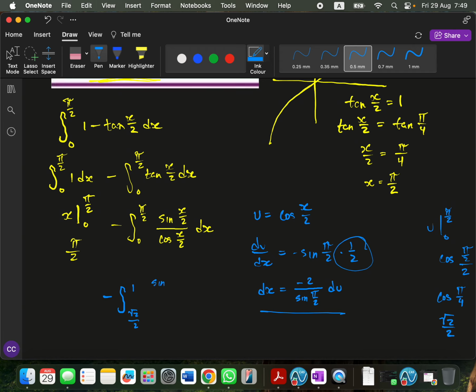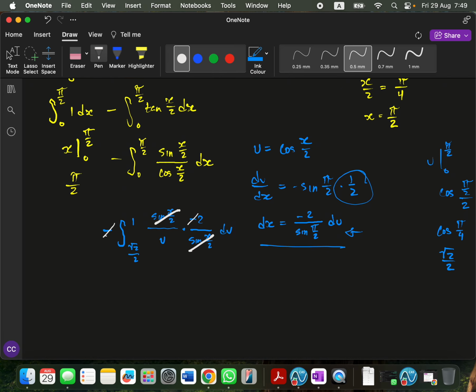And then I have the sine of x over 2 divided by my u times negative 2 over the sine of x over 2, again, just pulling this in, du. Clearly, that cancels, this and the negative are going to cancel, and I'd be left with a new integral that I could rewrite as 2 times the integral from root 2 over 2 to 1 of 1 over u du.